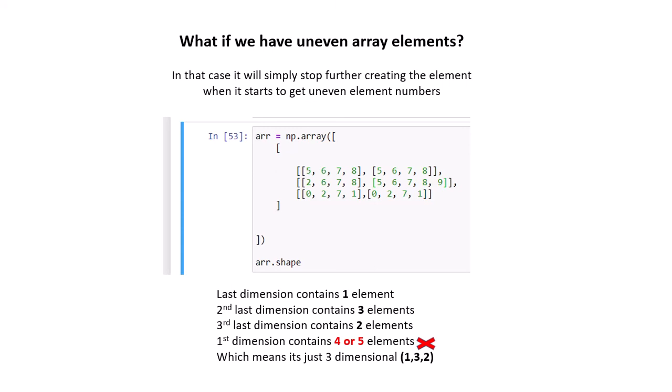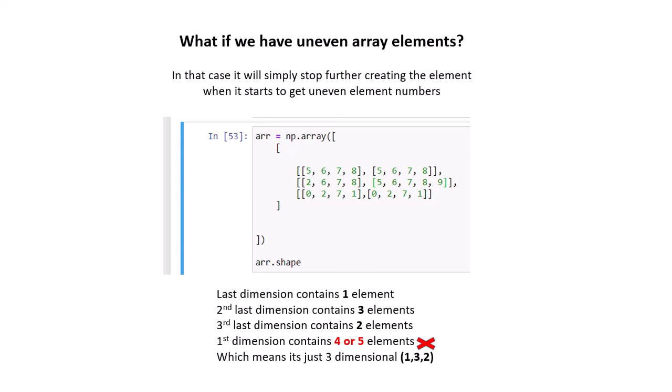The second last contains 3 elements, so 3 comma, and the third last contains 2 elements, which is also uniform, so 2 comma. But as soon as we get to the unidimensional part, we see that there are either 4 elements or 5 elements, or we are not even sure it can't have some other number. We cannot trust this array in terms of element numbers, at least till the unidimensional part. So we'll not include that, which makes it a 3-dimensional array.